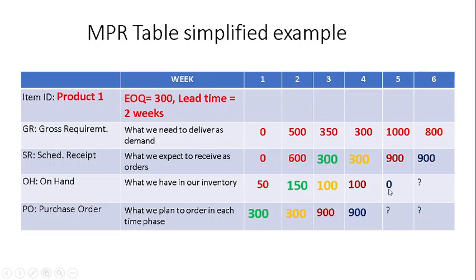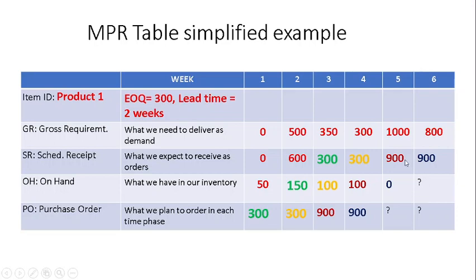But as I said before, I cannot place an order of 800. I need to place a multiple of the economic order quantity, so the smallest order could be 3 times 300, so it could be 900.